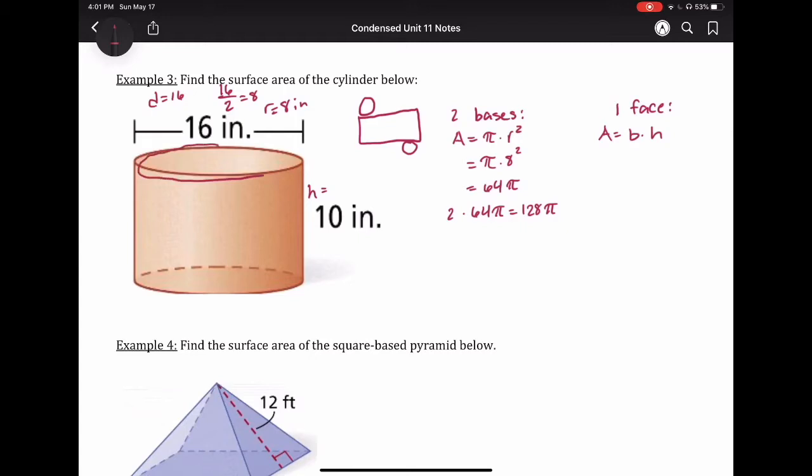Stretches all the way around. The distance around the circle is what we call the circumference. So the base of this rectangle is equal to the circumference of the base of the shape.